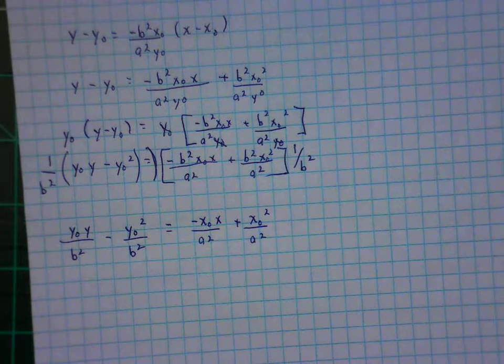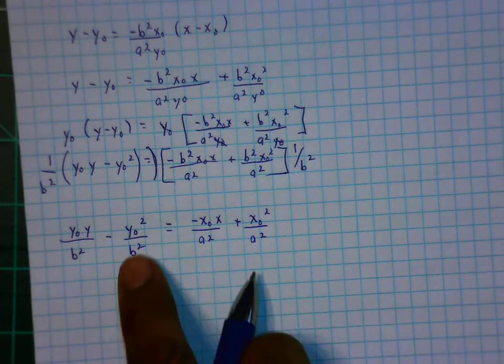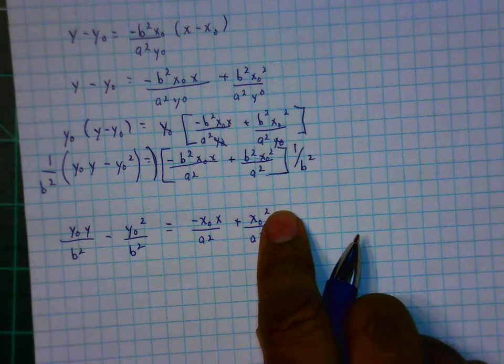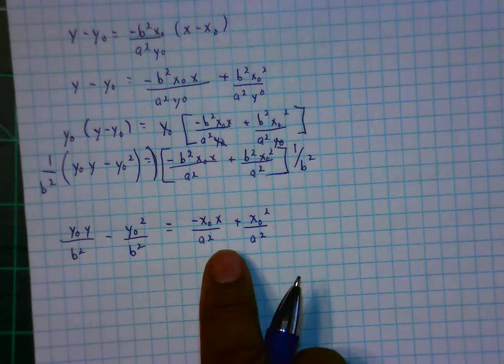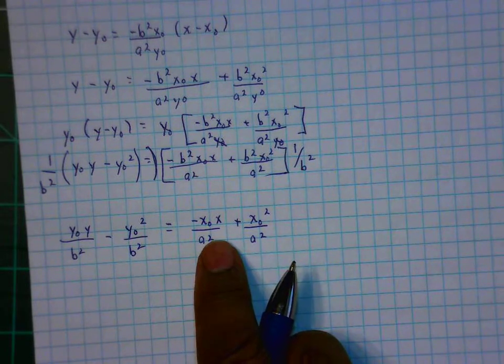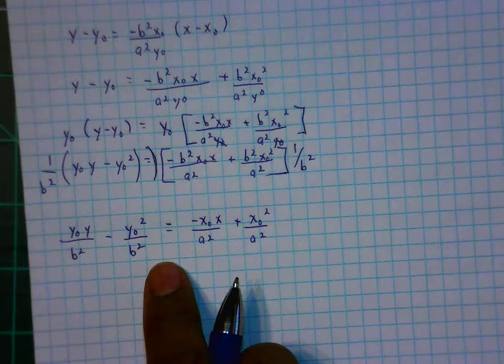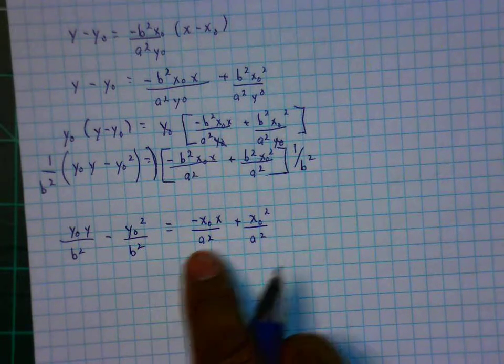Now, it doesn't look like it, but I'm almost where I want to be on this. I'm going to take the y naught term and move it over here and take the x naught term and move it over here. I think that's what I want to do. Let me look at this a little closer. Yeah, that's what I'm going to do.